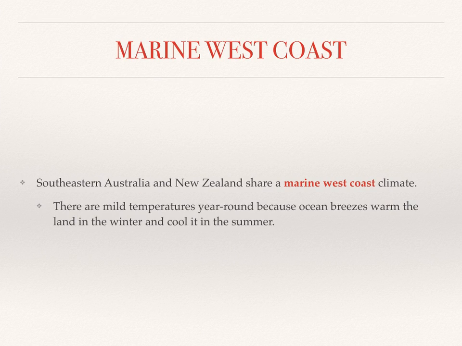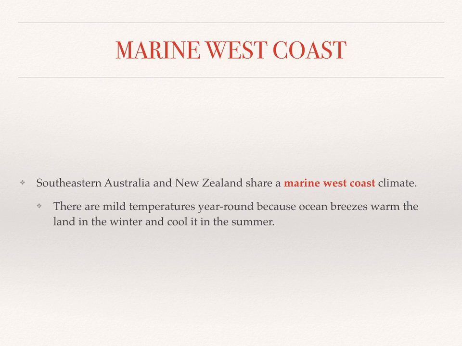Marine West Coast. Southeastern Australia and New Zealand each have a marine west coast climate. It's a very nice climate. In the United States, you'll find this in San Francisco, up through Seattle, on into Vancouver, and even parts of Alaska.